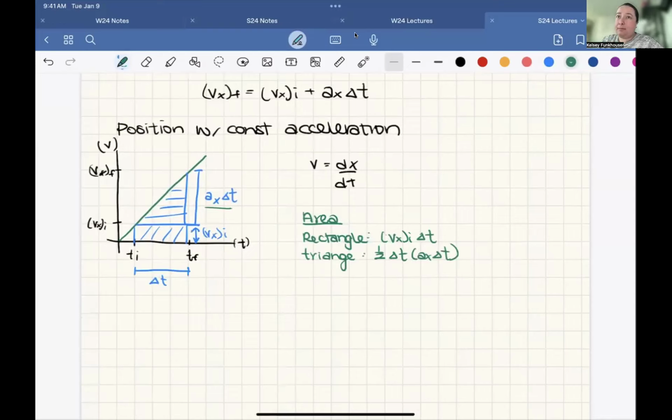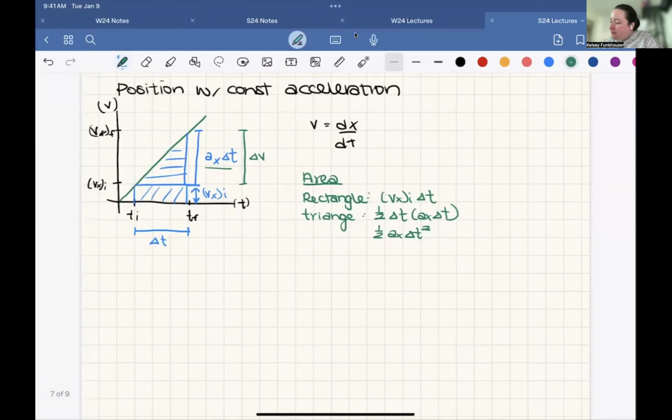We can expand that out as 1/2 ax delta t squared. You can also treat this as the change in velocity too, so you can do the same thing and bring in the acceleration a different way.